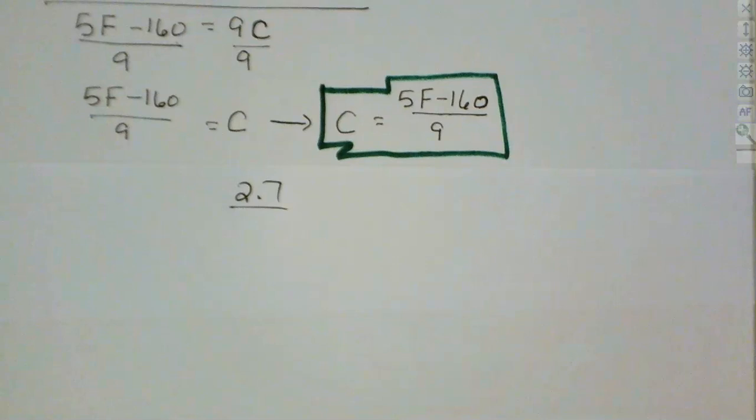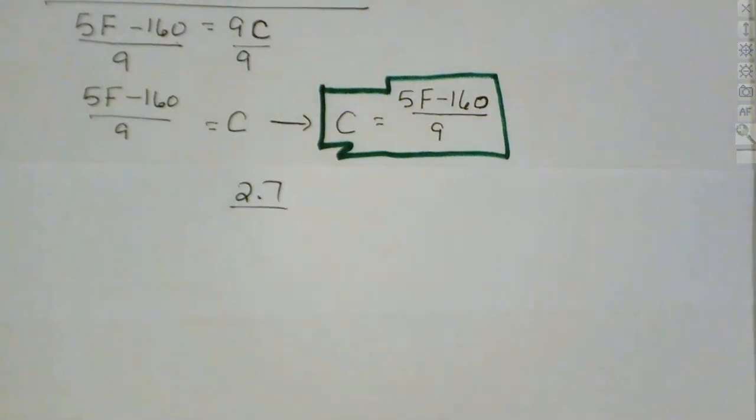Okay, so on these we need to set up a ratio, and we're going to learn how to solve these ratios. So we're going to do the equations first today, and then next week we will look at the applications.